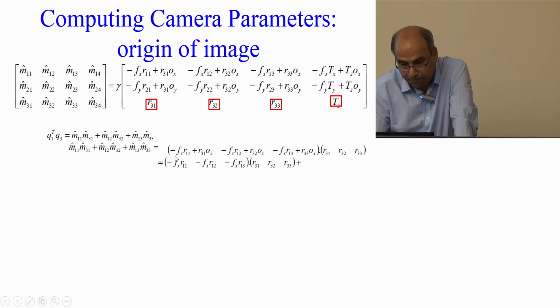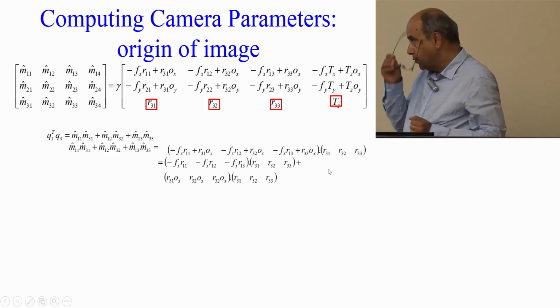First will be fx r11 and minus fx r12 minus fx r13, dot product of that with this, and second is take R31 OX, R32 OX, and this one, then dot product with this. So we have now 2 terms.